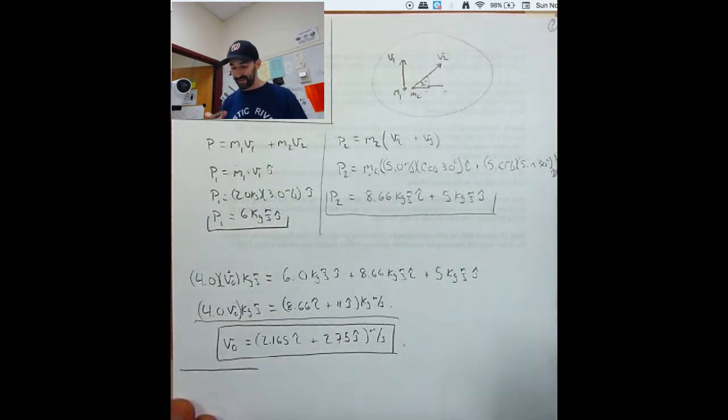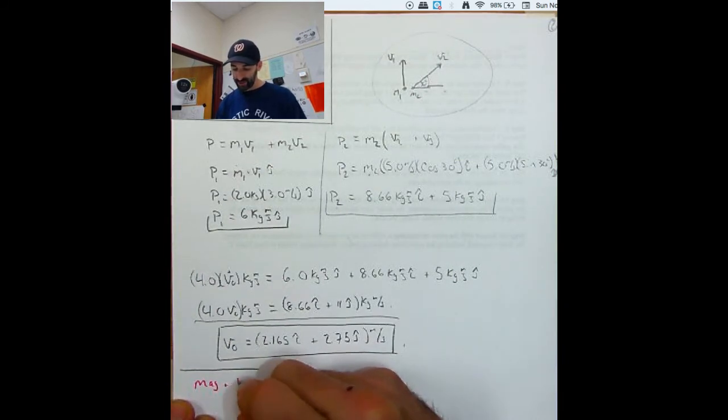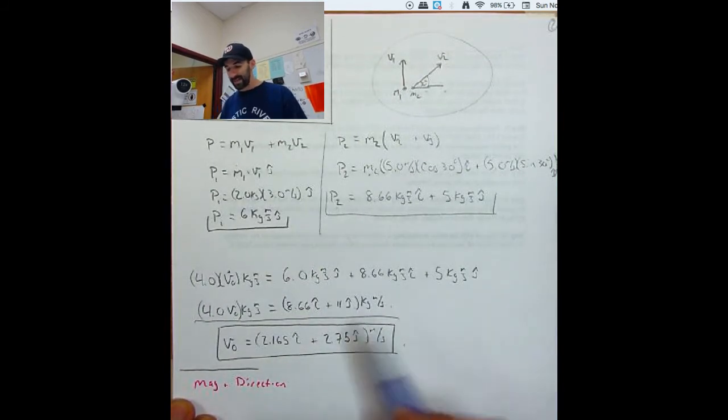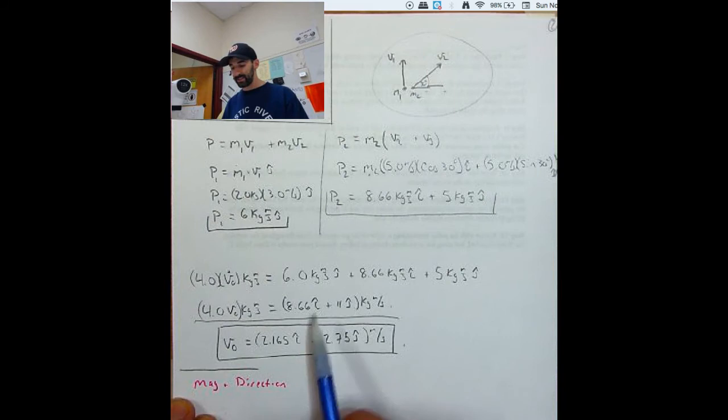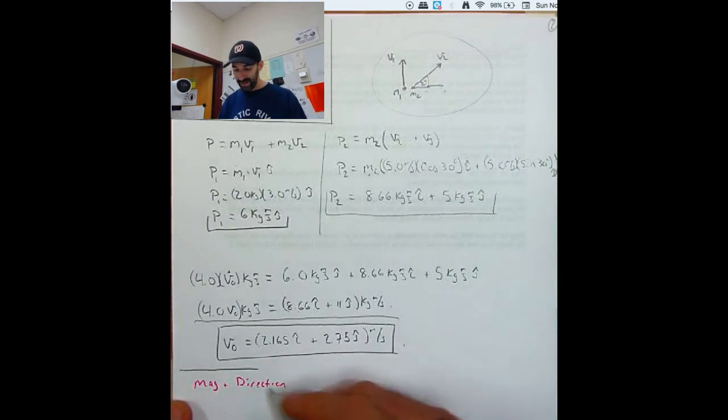If I wanted the magnitude and direction, well, then I'm going to take the Pythagorean theorem, the square root of the squares of 8.66 and 11, and then divide that whole thing by 4. I can do that in one step.